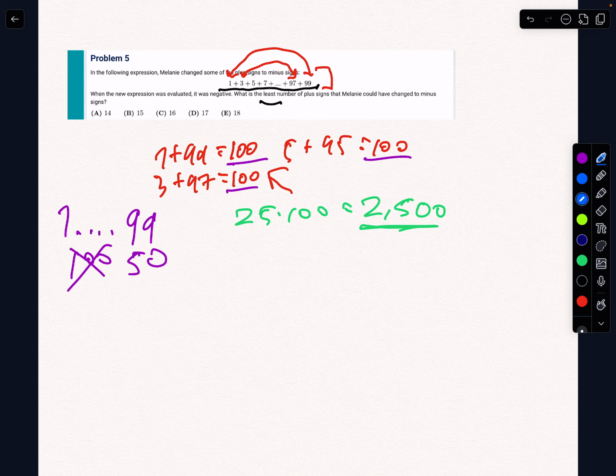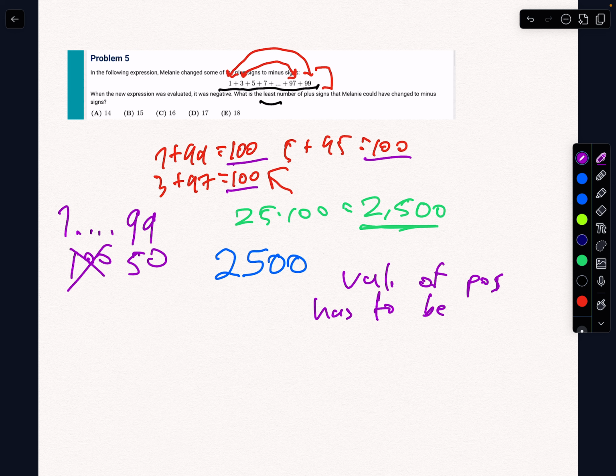Well, if we know that the total value of the expression is 2,500, then we know that the value of the positive numbers has to be less than 1250. This is because if you divide this by 2, you would get 1,250.